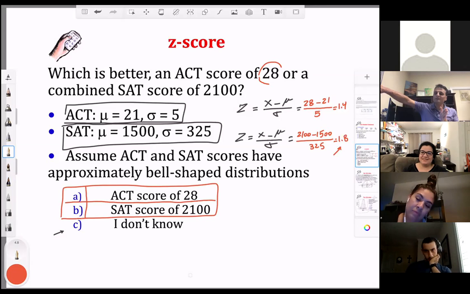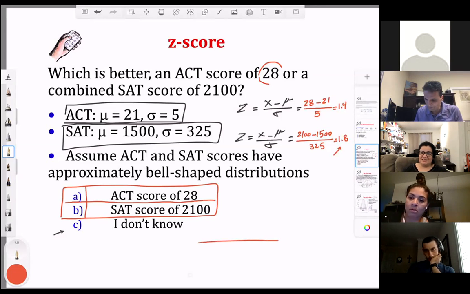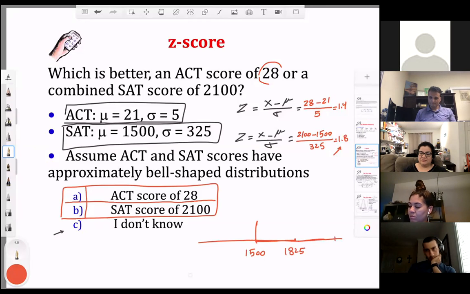If the mean is 1,500 and the standard deviation is 325, then one standard deviation is 1,825, and the next one is going to be 2,150, something like this. So that means you're around here.